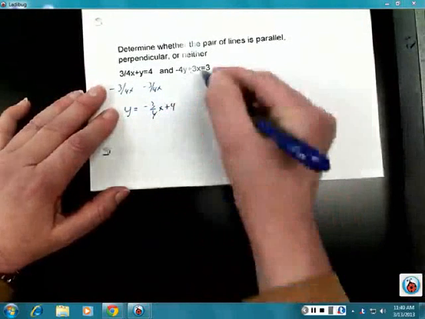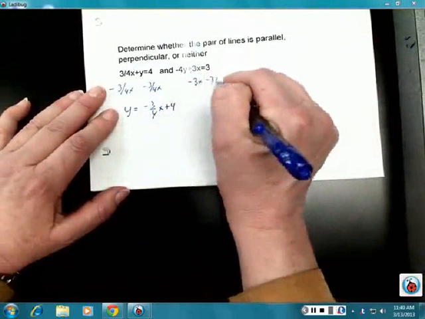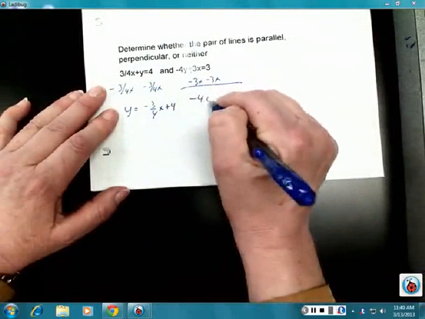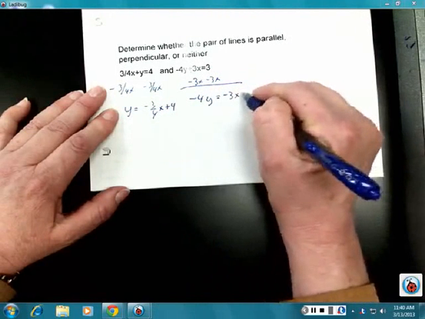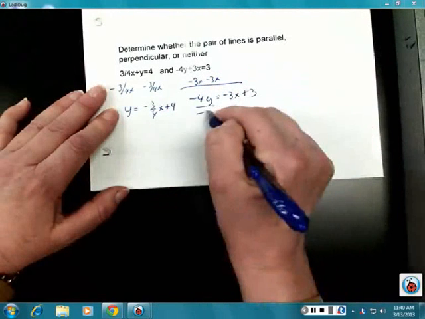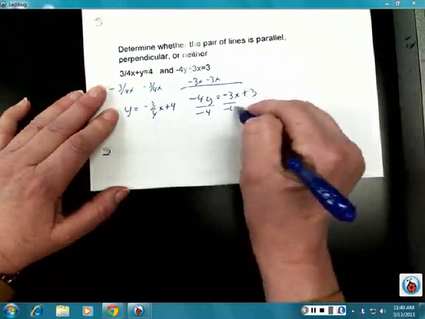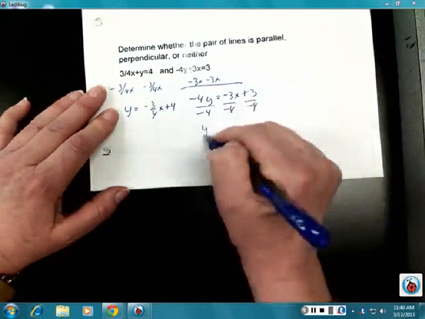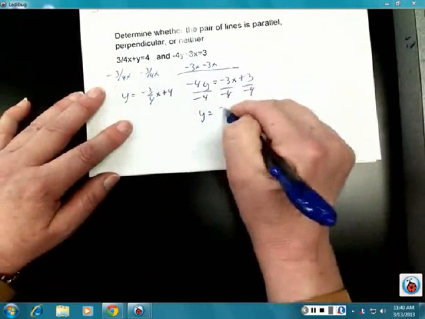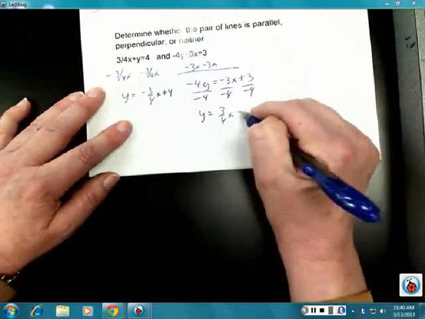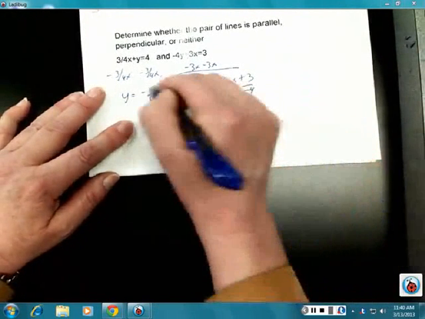This one, I would minus 3x and divide by negative 4. So they're neither, right? Because a negative 3 divided by negative 4 is a positive 3/4, and the other is minus 3/4. So be careful with that one.